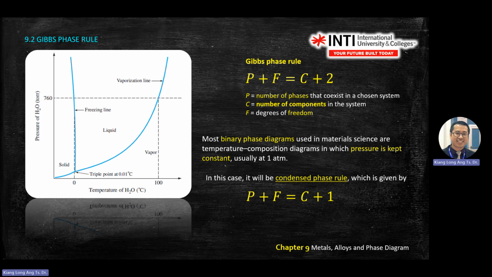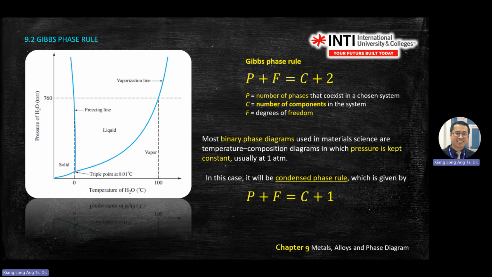If you have a binary phase diagram and the pressure is kept constant, then you cannot use +2. You need to use C +1. This one, just take note.